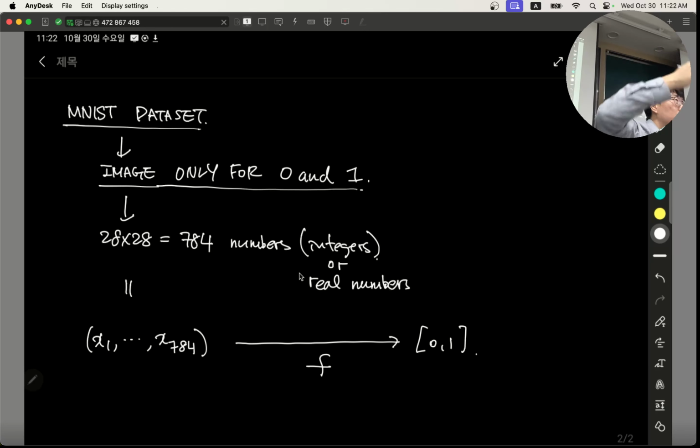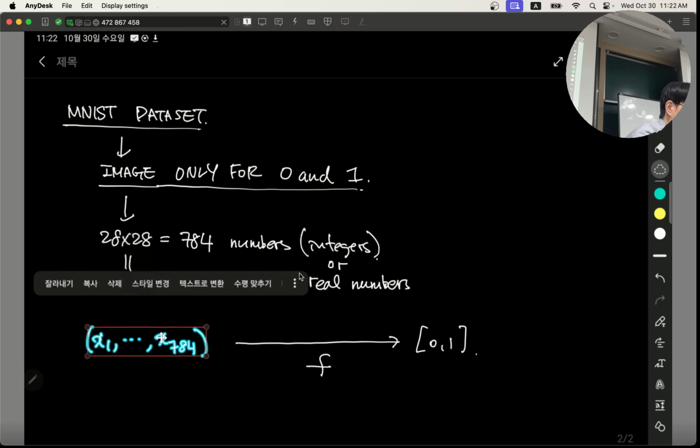Even though the actual data labels the image either 0 or 1, my model, as a real-valued function, could have a value ranging from 0 to 1.